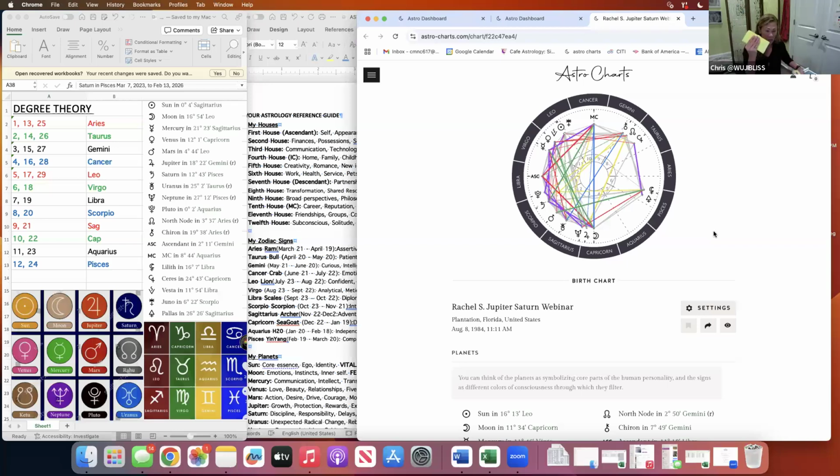So my checkbooks are yellow. I have yellow nail polish on my toes. I have a pillow on my bed that's yellow. My office is painted yellow, yellow, yellow, yellow. Yellow is the color of Jupiter, rewards, expansion, protection, bliss, happiness.